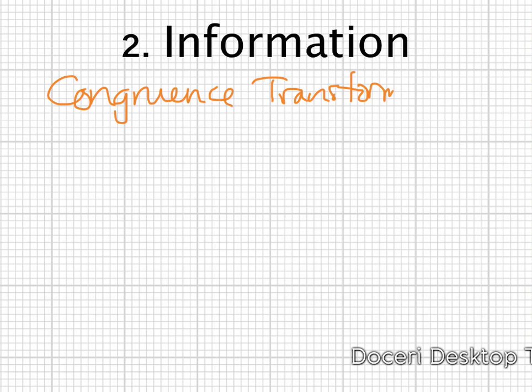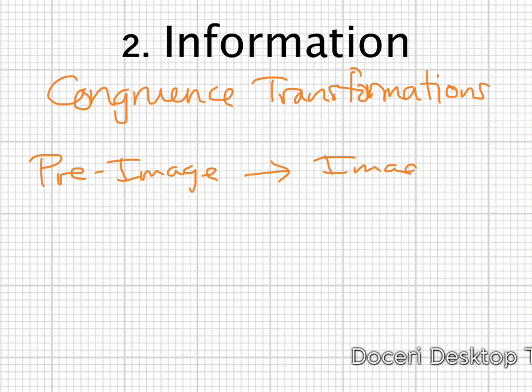And all these congruence transformations have is that from my pre-image to our image, they are going to be congruent. That's why they're called congruence transformations, because each object is the same. Even if I move it or change its location, it will be the same shape.